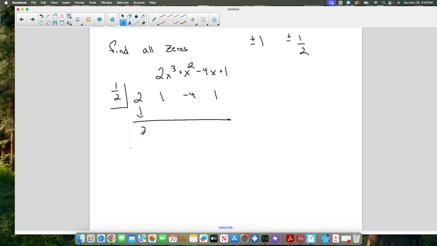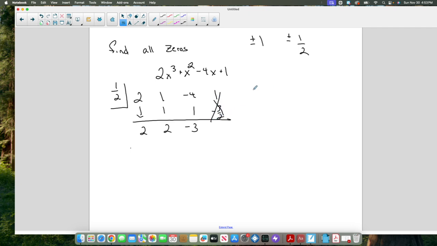So drop the 2. 2 times 1/2 is just 1. So it gives me negative 3. Oh, that does not work, because that would give us negative 3/2, and obviously that does not work.